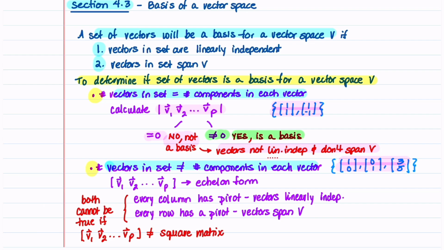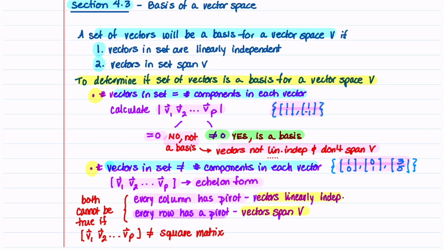So instead, we're going to take our vectors, put them in the matrix, and put it in echelon form because what we need to do is figure out pivots. If every column has a pivot, our vectors are going to be linearly independent. And if every row has a pivot, our vectors are going to span V.